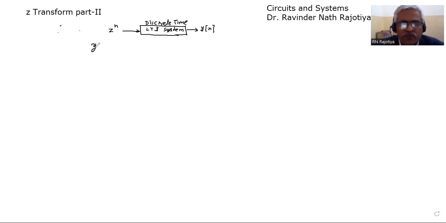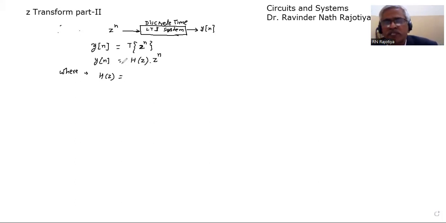We know that y of n can be written as the transformation, as per the function given, on the input z power of n, which is nothing but h of z, where h of z is the impulse response of it, times z power of n, where h of z is a discrete time.